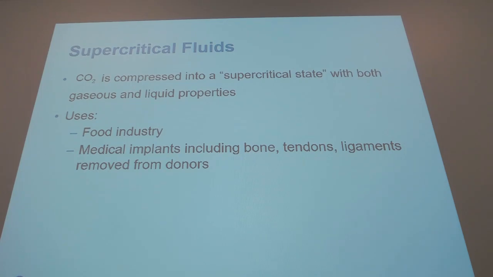This can be used in the food industry because it can create an acidic environment in which microbes like Clostridia won't grow, and can be used as well to treat medical implants like bone, tendons, ligaments that are removed from donors. So more than likely, when someone is going to have a surgery with this type of tissue, it was treated with a supercritical fluid.